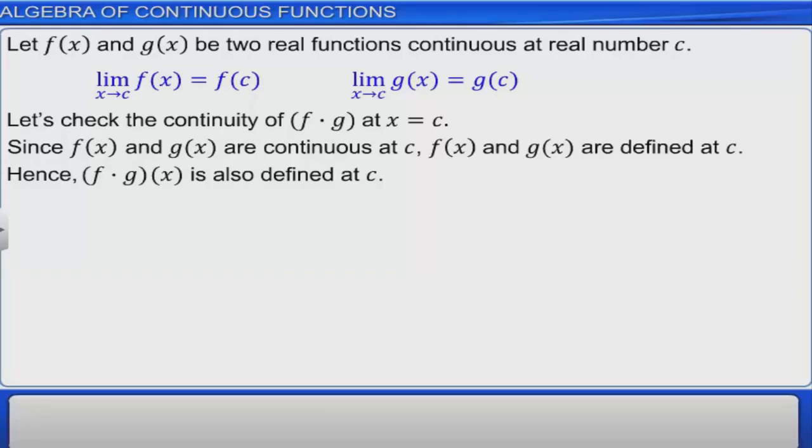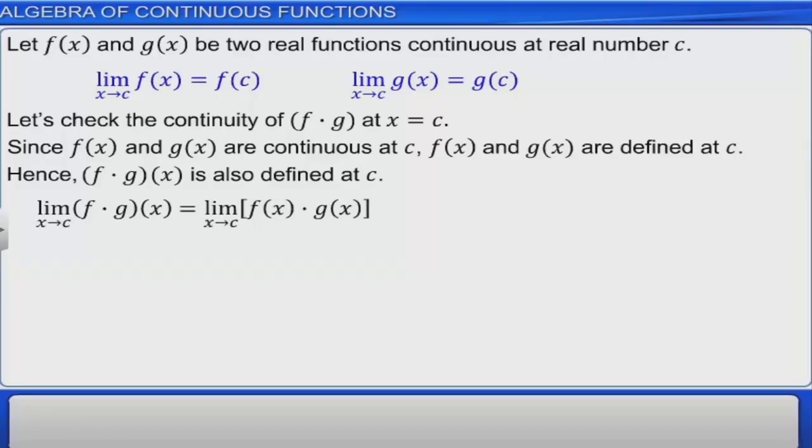Hence, their product is also defined at c. So the limit of (f into g) of x as x approaches c can be found. Now, by definition, (f into g) of x can also be written as f of x into g of x.